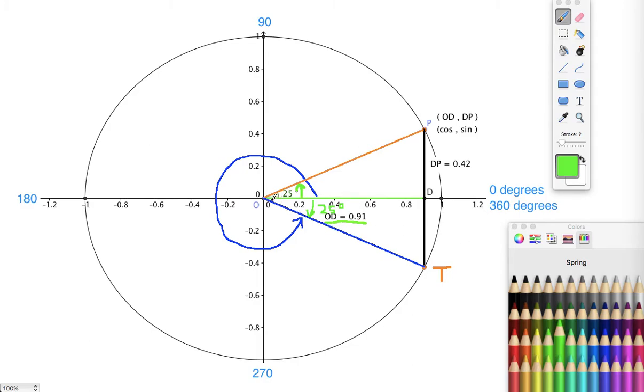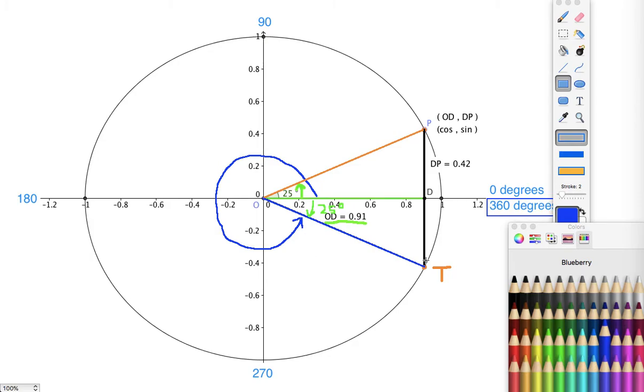My purple line here is going to be less than a full circle. My full circle is 360 degrees. And this purple line is basically not quite 360 degrees.